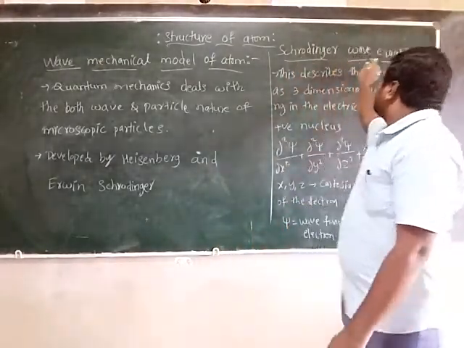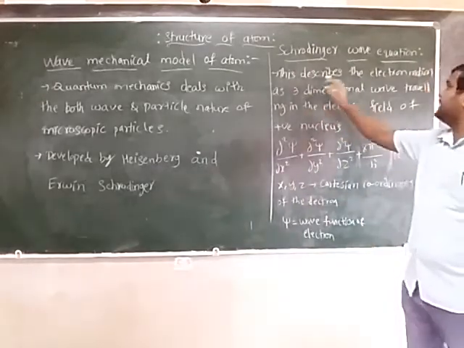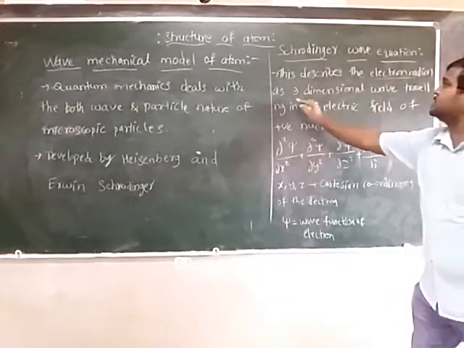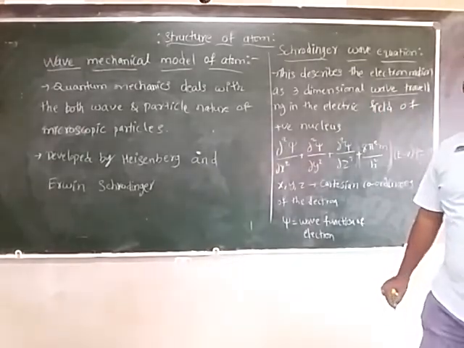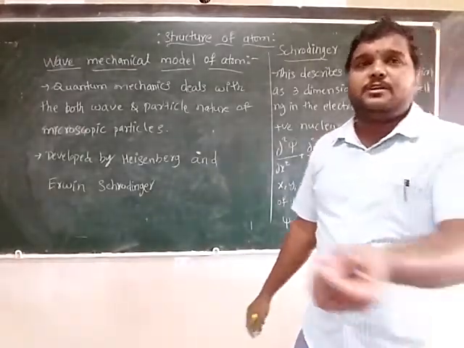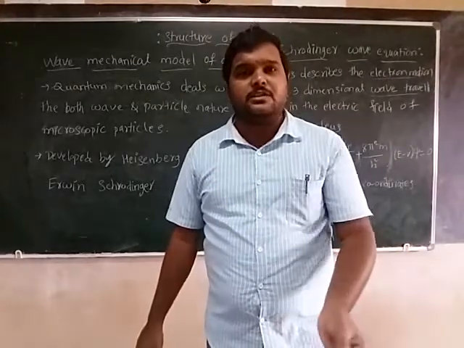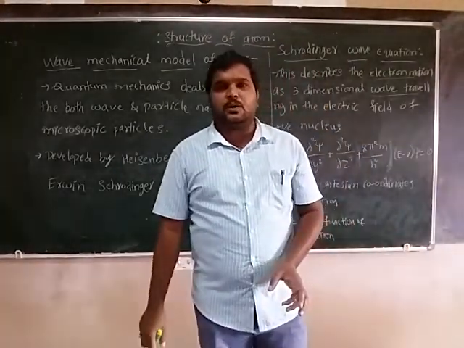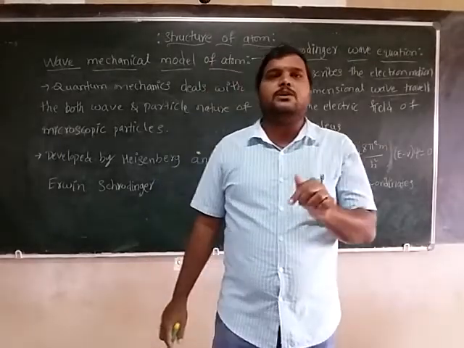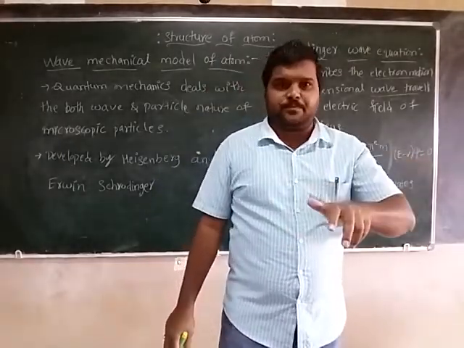So Schrodinger's wave equation describes the electron motion as a three-dimensional wave. Generally you know that the electron revolves around the nucleus. The nucleus is the positive field, yes or no? So the electron revolves around the nucleus in a three-dimensional way.